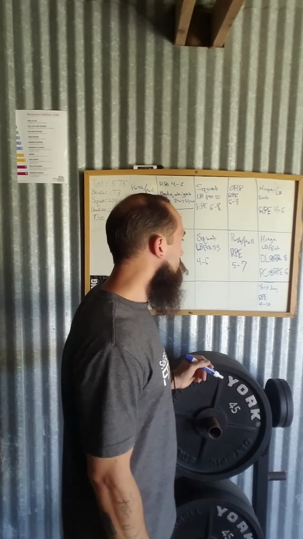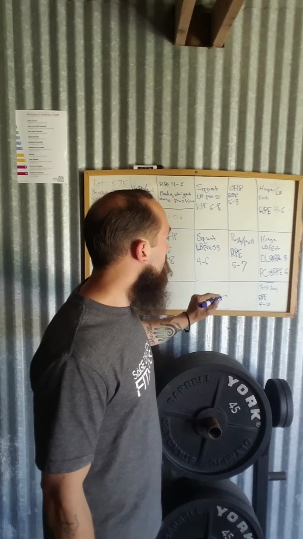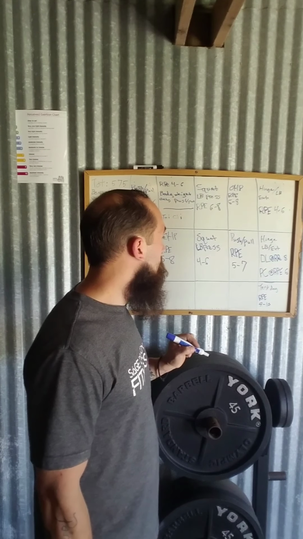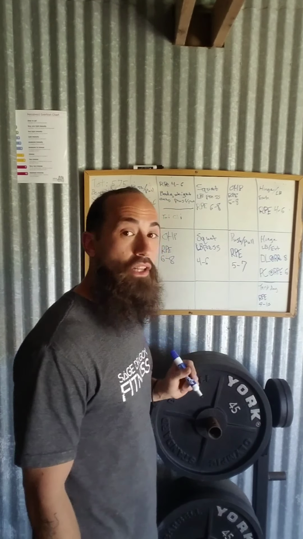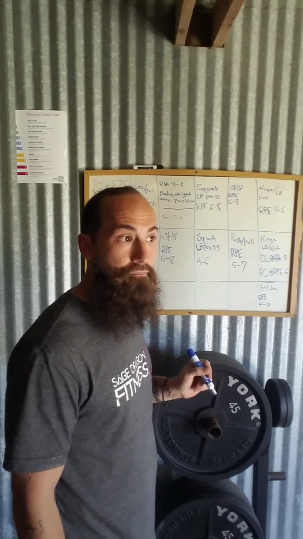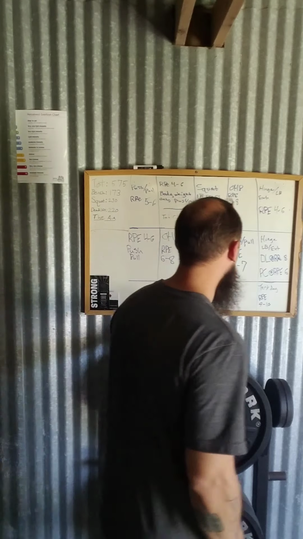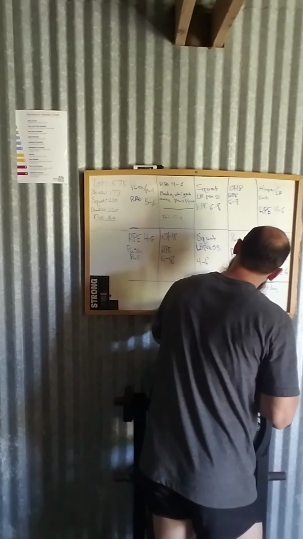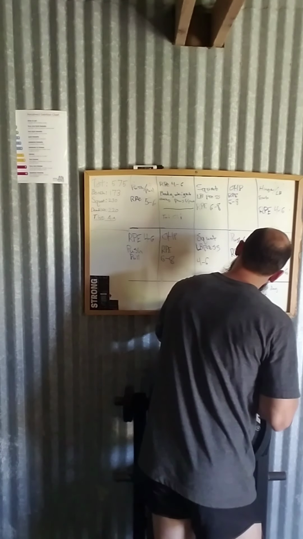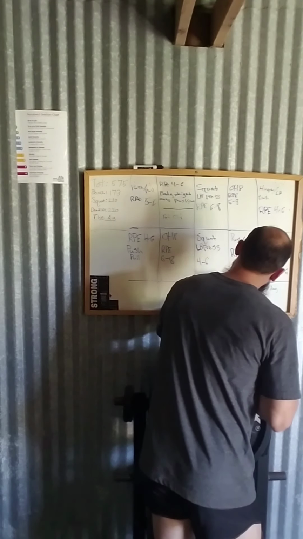So you know what we're going to do? Let's do a lower body push and pull body weight. So that's going to be an RPE of like a 3 to a 5.